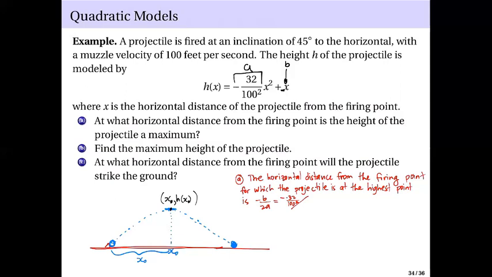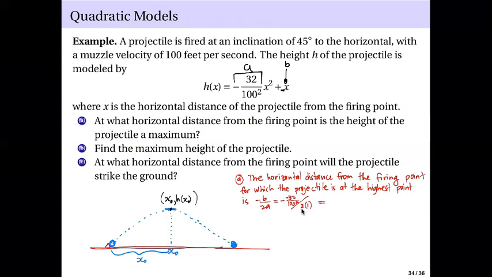Negative of negative. And then all over 2 times A, which is just 1. So negative of the negative, it becomes positive. And then you just have the 2 here.